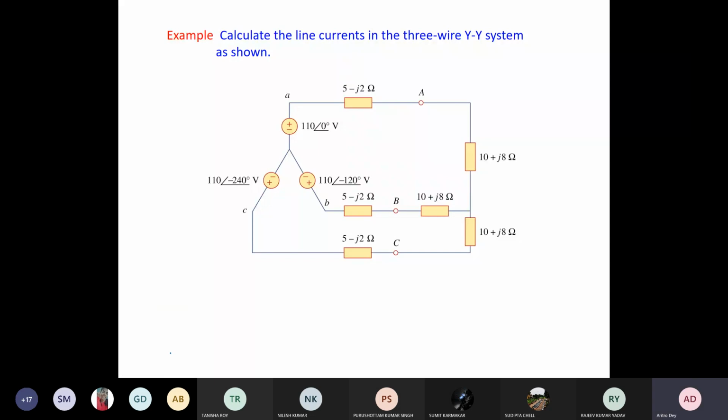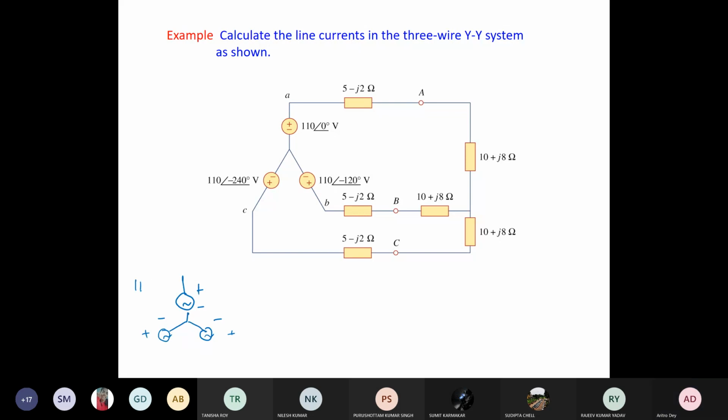We have the source from the alternator, or from the three-phase Y-connected or star-connected transformer, and we have connected these three loads. If we want to redraw it, we can draw it like this.